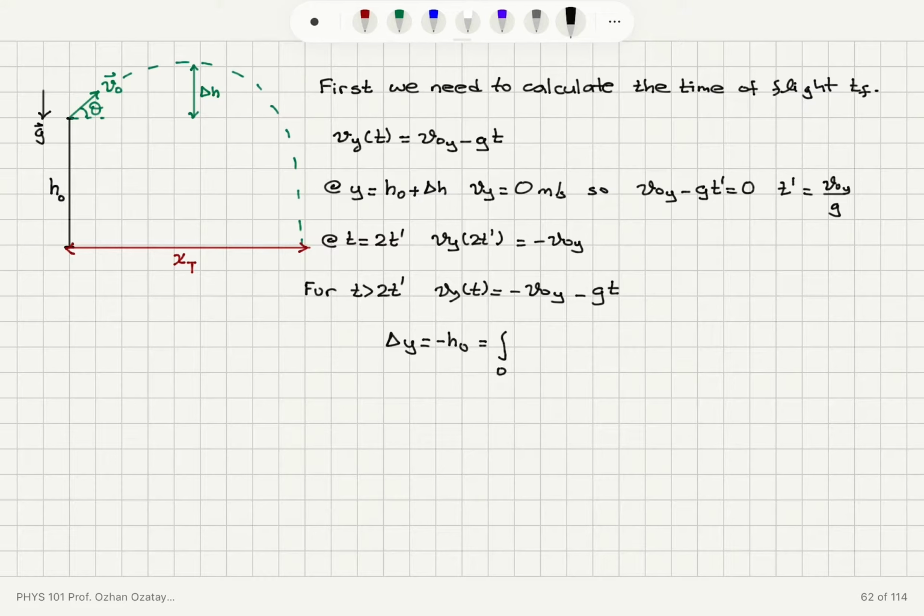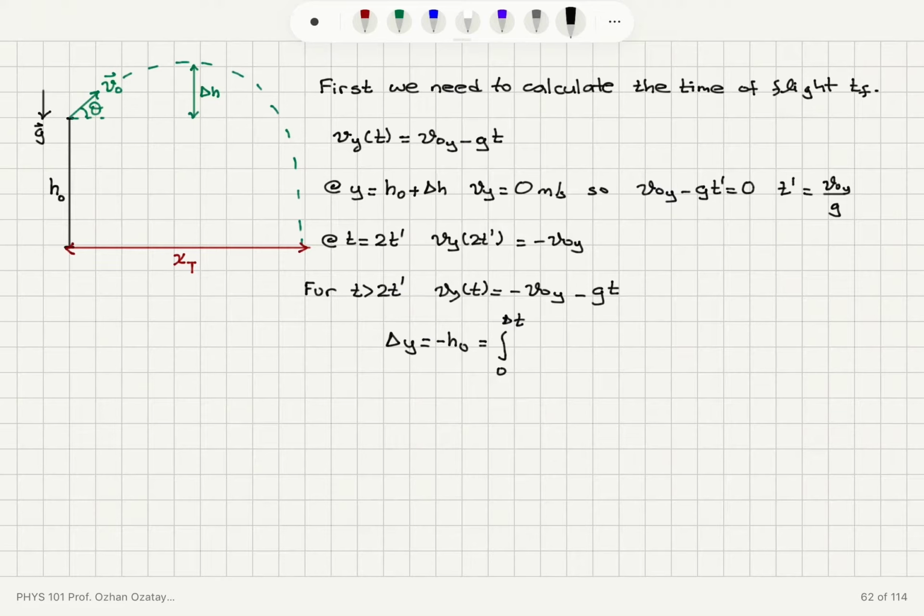I have reset my timer here so that time t equals 0 now corresponds to this point, which in my initial timer was 2t prime. Here I'm assuming that I'm starting this motion with minus v0y and it's going to fall down. So delta t will be the time it takes to reach the ground starting at this point.